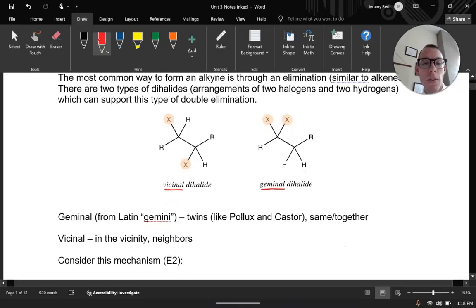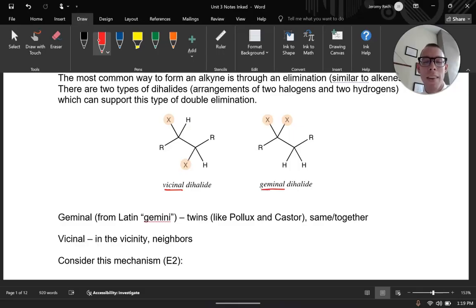Now, the difference between these will actually impact where double bonds form, depending on the choice of the base. If you want to think about general ways to remember the difference between a vicinal and a geminal dihalide, I have a little bit of nomenclature hints here. Geminal actually comes from the Latin word Gemini, which comes from the idea of twins. I'm not an astrology person, but the astrology stuff.